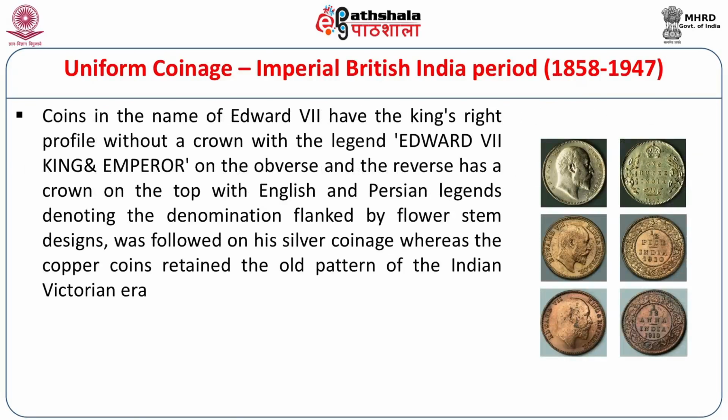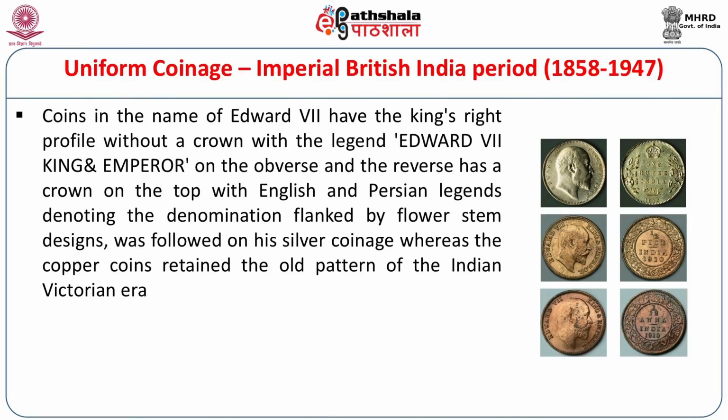The coins in name of Edward VII have his right-facing profile without a crown and the legend Edward VII, King and Emperor, and the reverse has a crown on the top with English and Persian legends denoting the denomination flanked by a flower stem design.